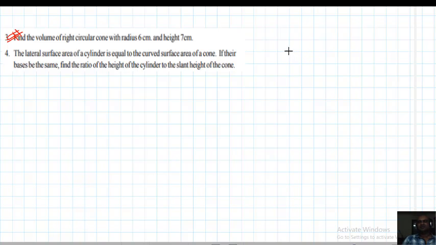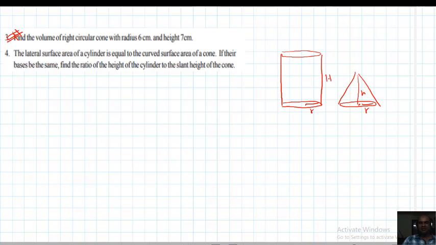Okay, so here one cylinder and cone are given, their heights are different, but base radius is same. This is r only, this is also r only. Let this height be capital H, this is taken as small h. Find the ratio of height of the cylinder to the slant height of the cone.